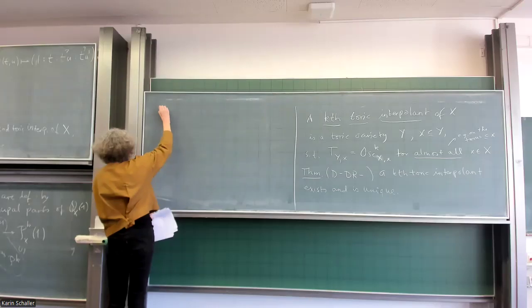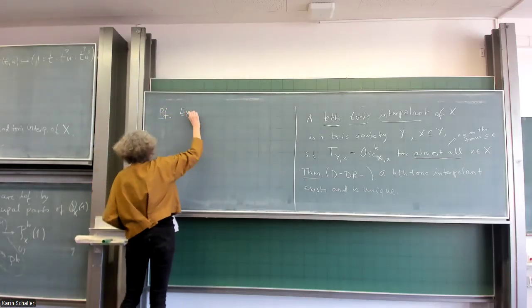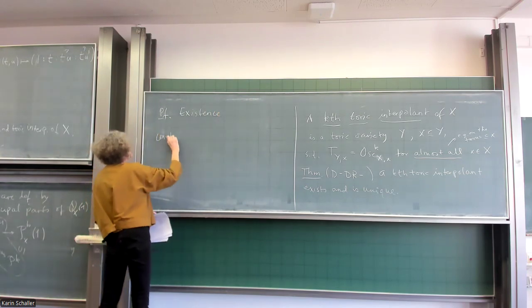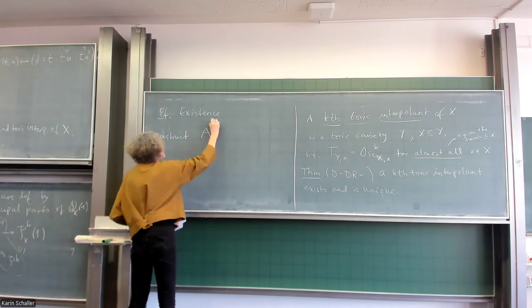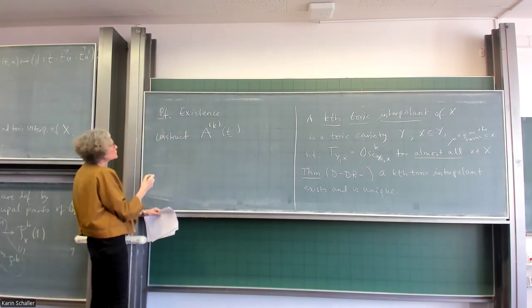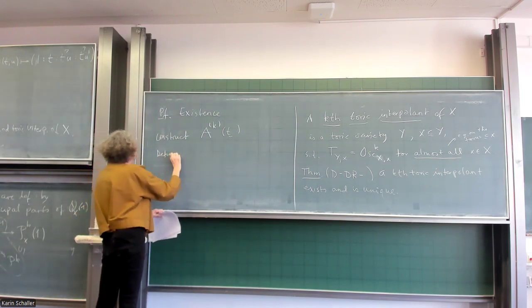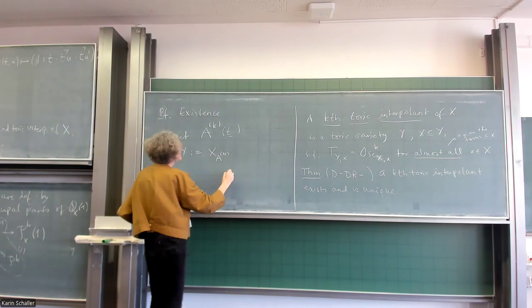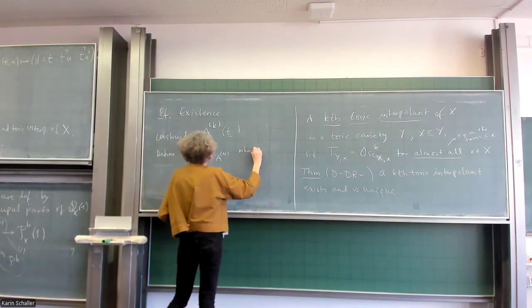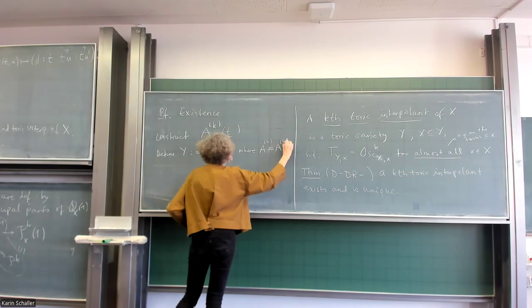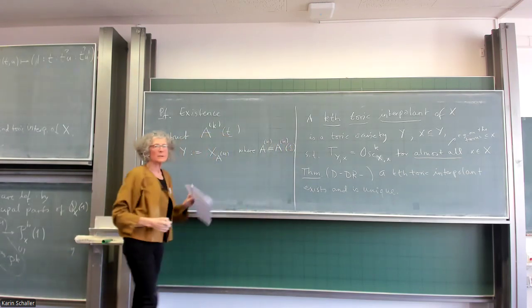For the existence, you construct A_K, and you define Y to be X_{A_K}, where now A_K is just A_K where you put everything equal to 1.